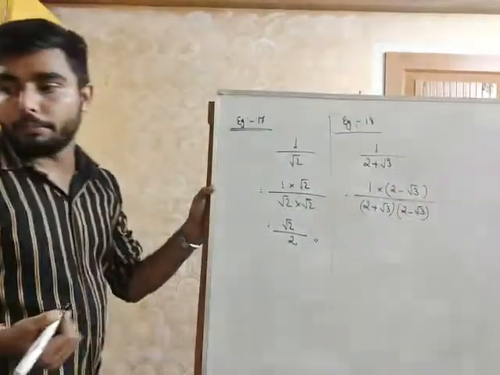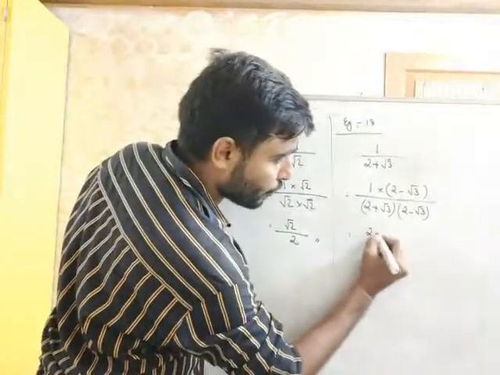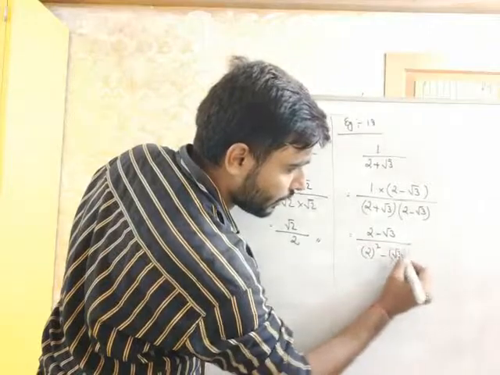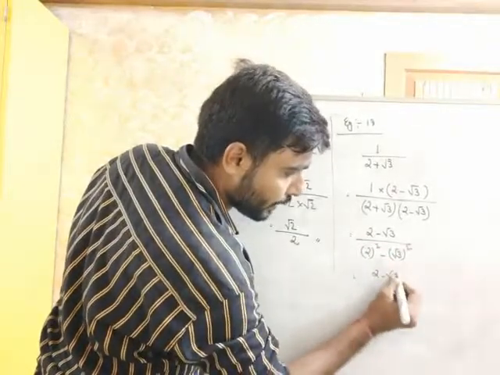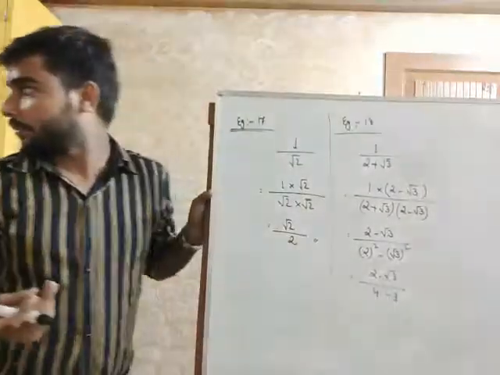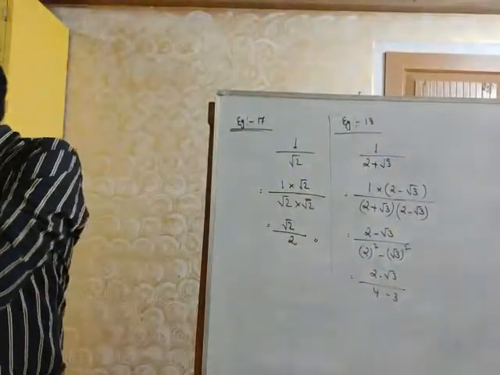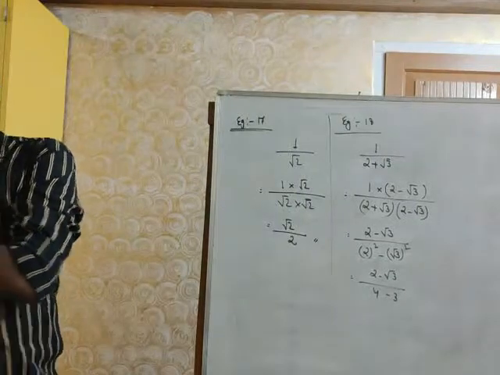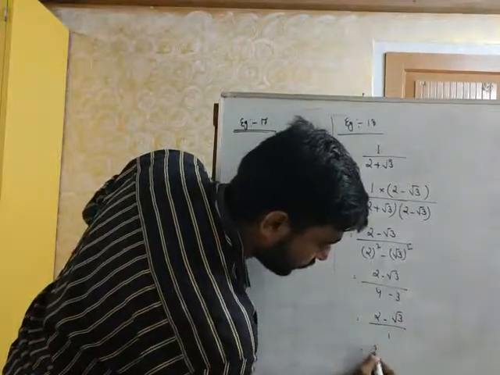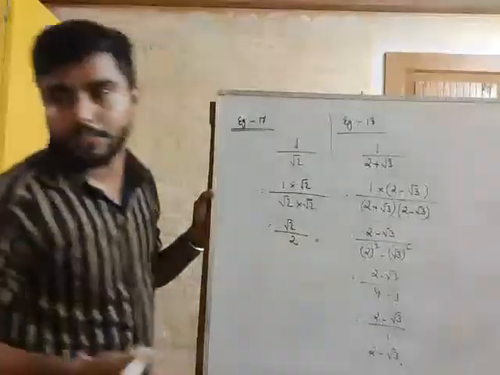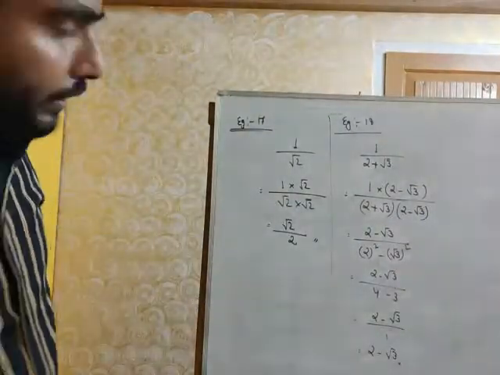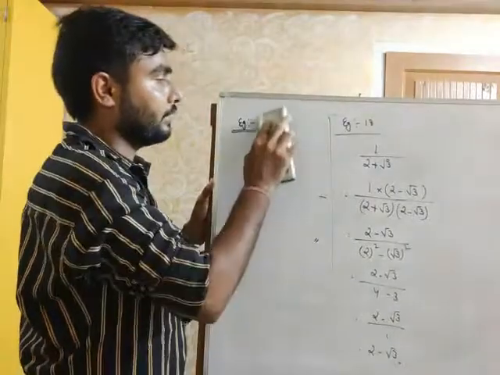Now 1 into 2 minus √3 is 2 minus √3, and 2 square minus √3 square. 2 square is 4 and √3 square is 3. 4 minus 3 is 1. The denominator as 1 is not written. So it is 2 minus √3. Clear everyone? Let's see example 19 then.